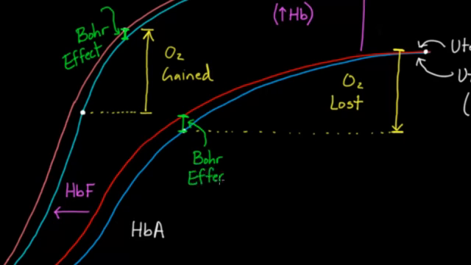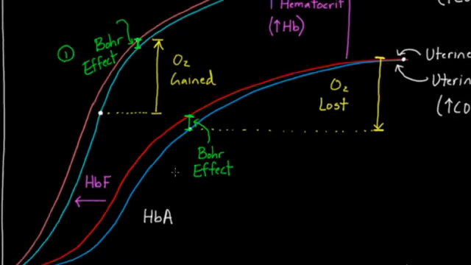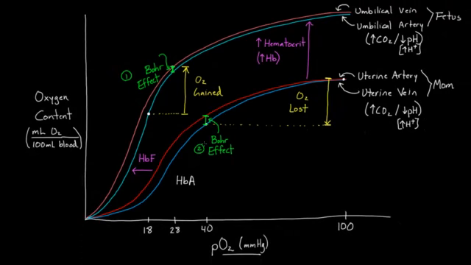And because this is all happening in the placenta, we call this the double Bohr effect. This is one part of it, and this is another part of it. So if you've ever heard the term double Bohr effect, this is what it's referring to, the idea that you actually have four lines, like I've drawn here, happening in the placenta at the same time, and there are two Bohr effects that are actually quite distinct from one another.